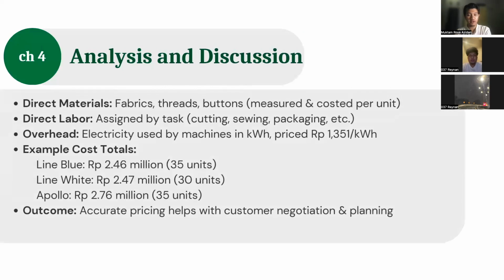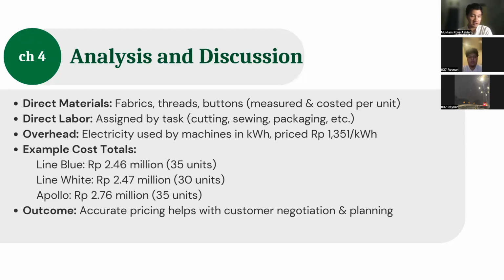Okay, so this is the result of analysis and discussion. Firstly, the direct material: they usually use fabrics, threads, and buttons, as we shown in the details of the previous raw material data.